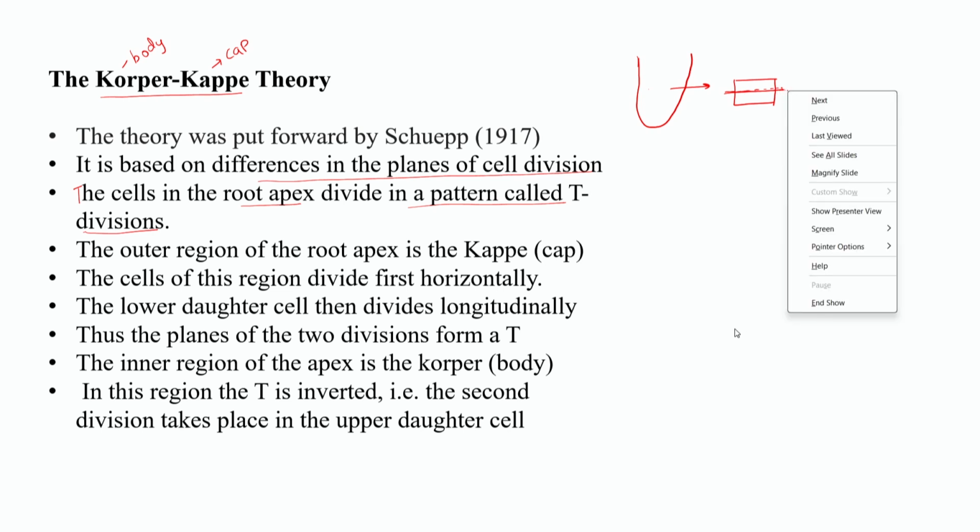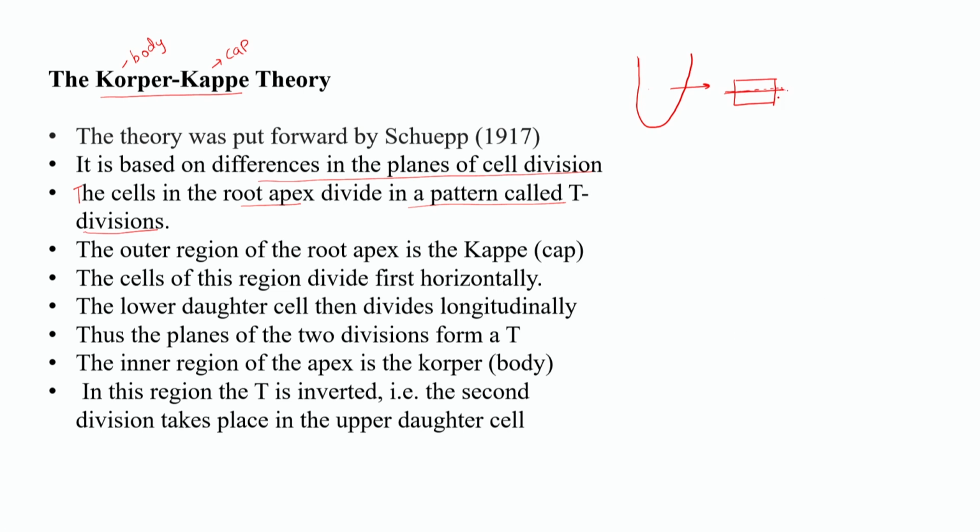Now the next division will occur in the same cell. See, two types of cells have been formed. One cell will again become active and it will divide longitudinally. If this type of division occurs, you can see it is forming a T-shape pattern.